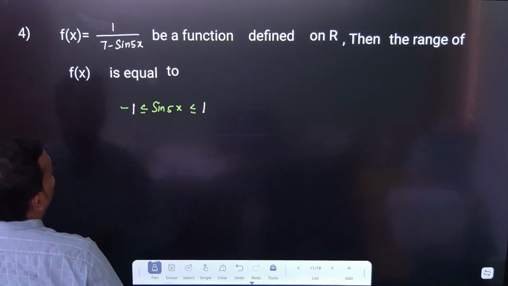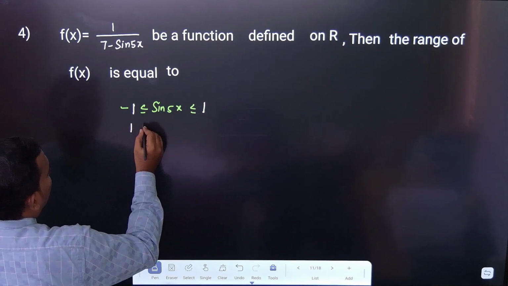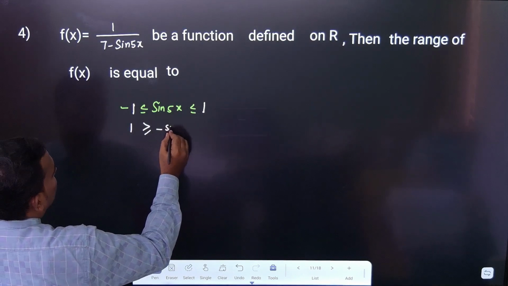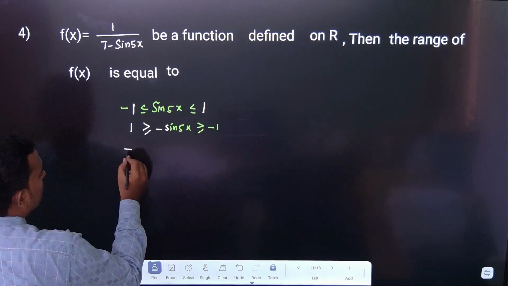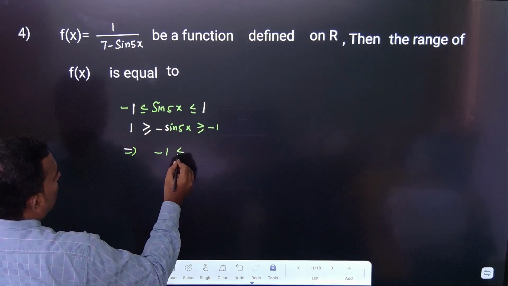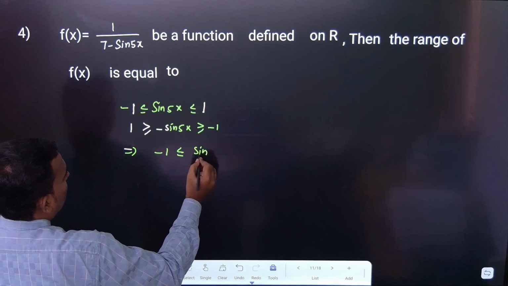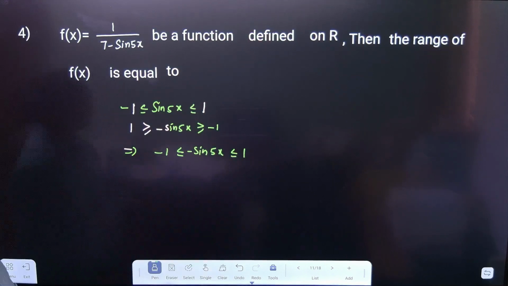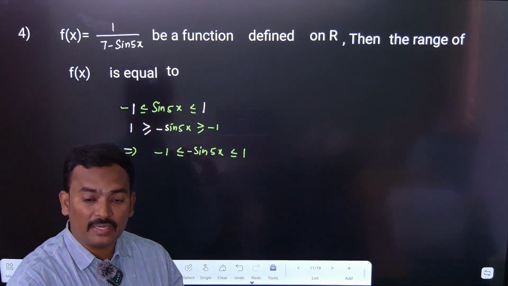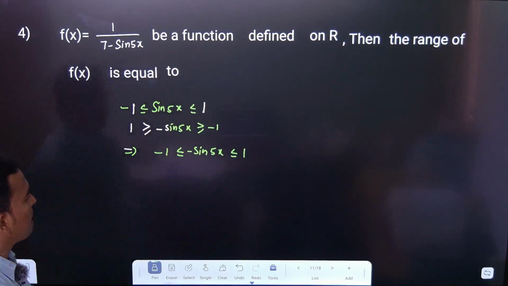If I multiply minus on both sides, 1 is greater than or equal to minus sine 5x is greater than or equal to minus 1. You rearrange it, then how to write: minus 1 less than or equal to minus sine 5x less than or equal to 1. So minus sine 5x is falling again between minus 1 to 1 only.